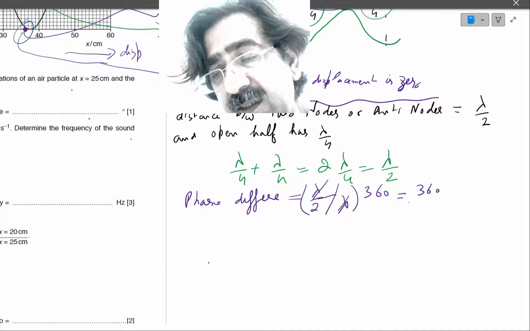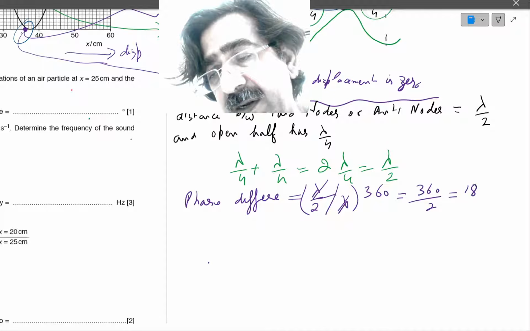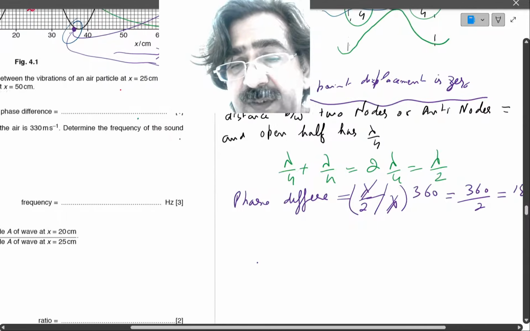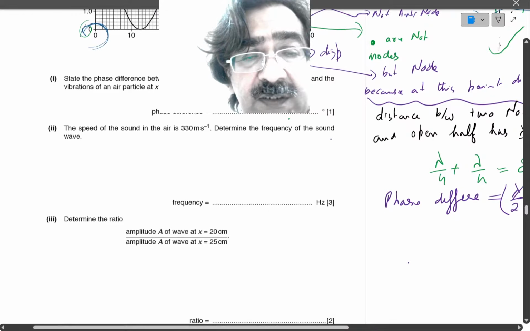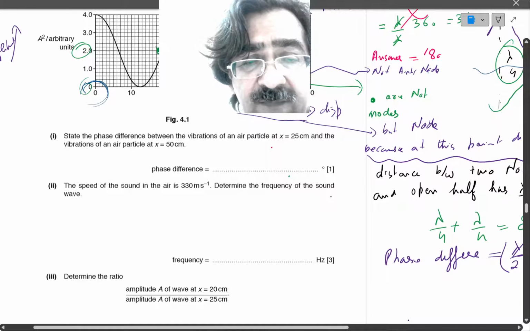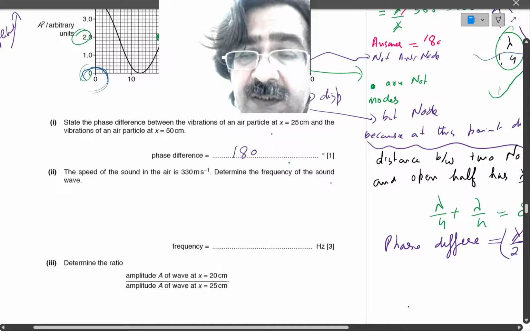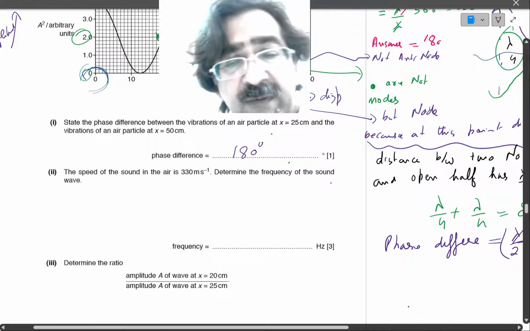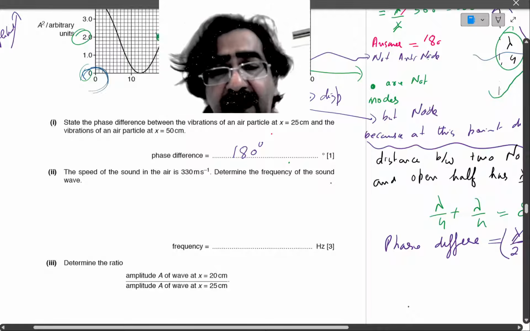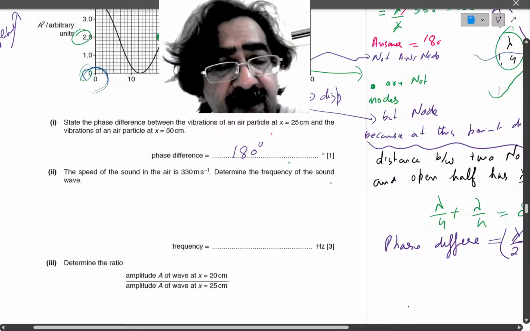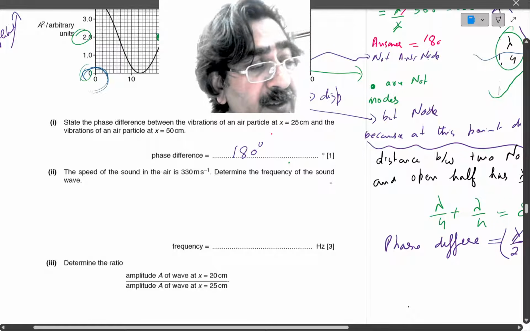That will be 360 divided by 2, that will be 180. So that will be your answer. The phase difference will be 180 degrees. You may write it in radians, but here the question was in degrees.